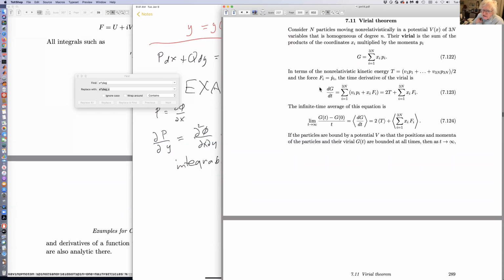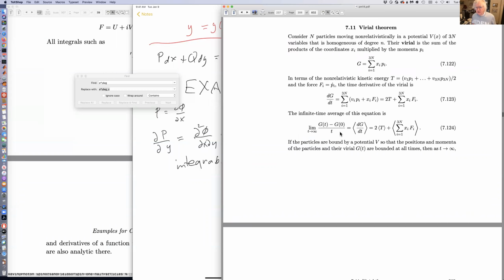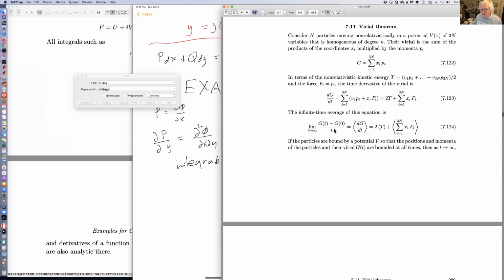And now what we do is we take an infinite time average of this equation. What does that mean? That means that if we integrate from 0 to little t, I probably should have used capital T, so let me make a note to myself. So this is the integral of the derivative of the virial from 0 to some large time, and then divided by the large time.